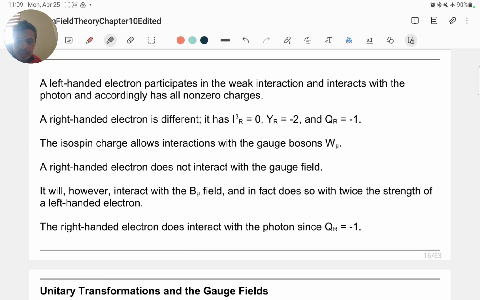So the right-handed electron does not interact with the gauge field, only the left-handed ones. However, it will interact with the photon field, or the B mu, because it has a charge of Q equal to -1. In fact, it interacts with twice the strength of the left-handed electron because of the quantum number hypercharge, -2.